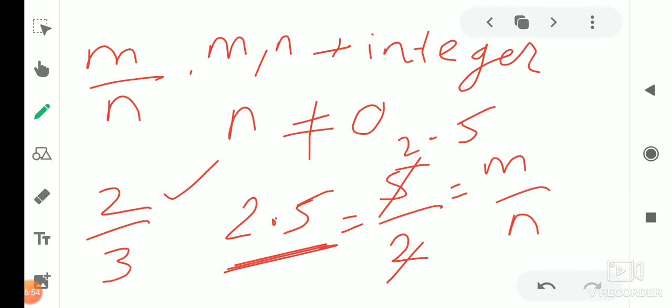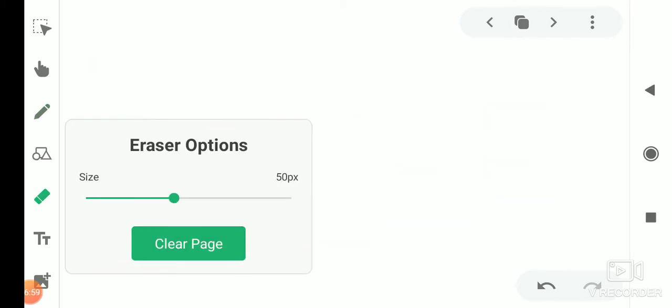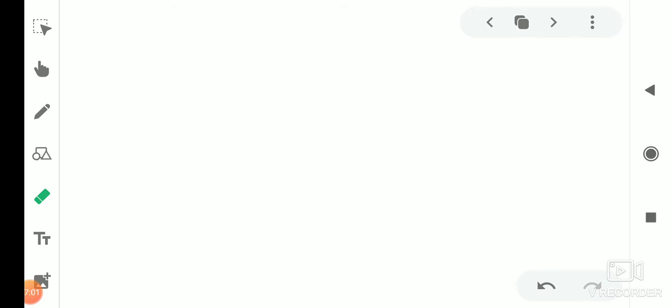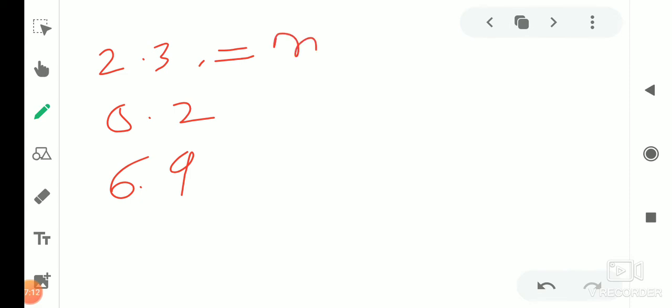So what do we observe? All the decimal numbers like 2.3, 5.2, 6.8, any decimal number can be written in the form of rational numbers m by n.